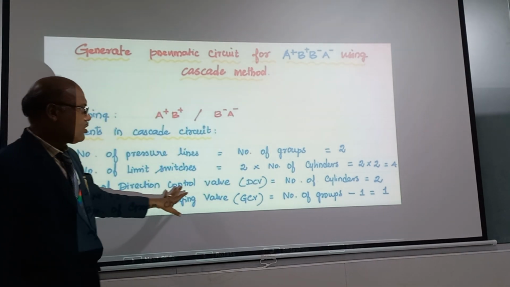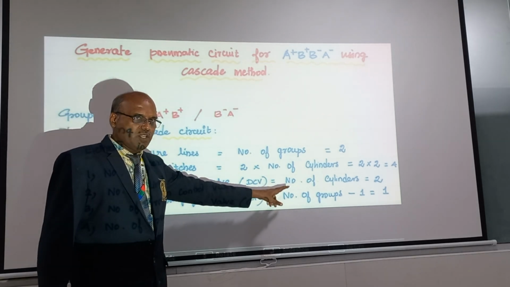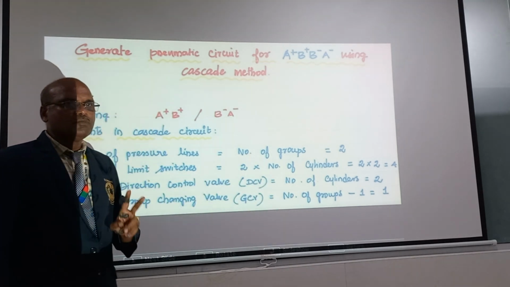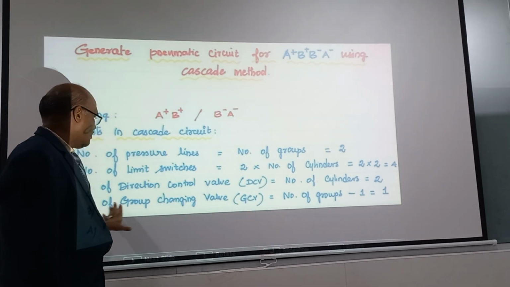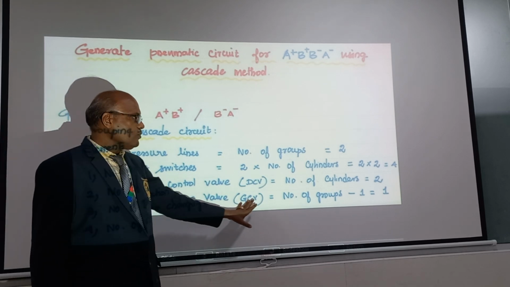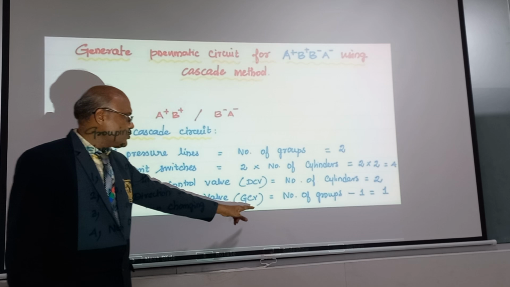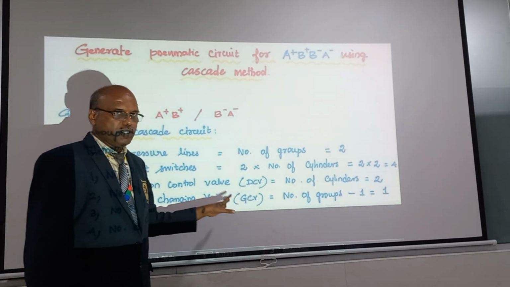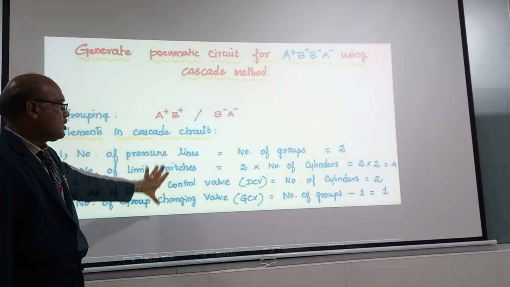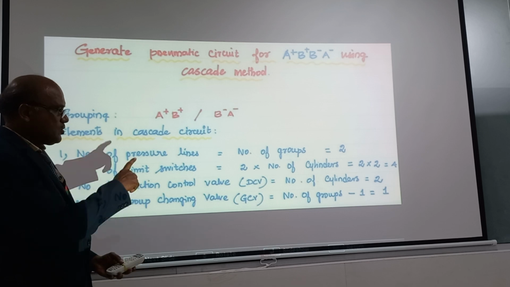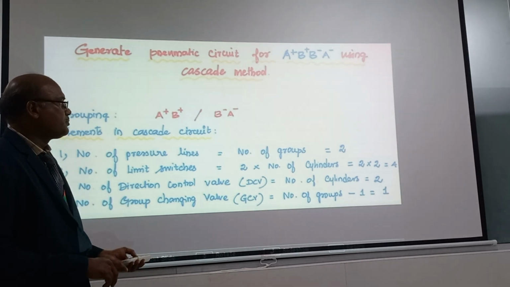Then number of direction control valves. Since we are having 2 cylinders, we need 2 direction control valves. Then number of group changing valves is the number of groups minus 1. We are having only 2 groups, so 2 minus 1, 1 group changing valve. These are the main things you should calculate before starting.